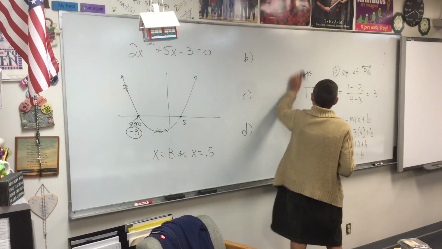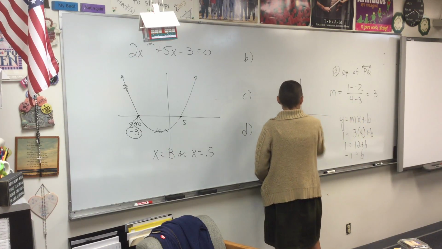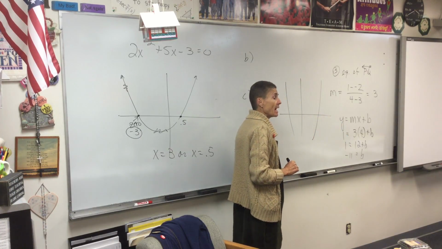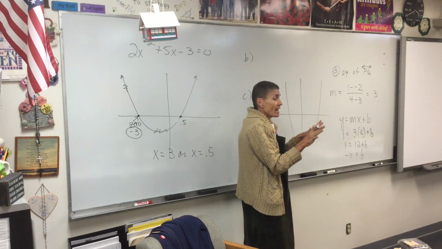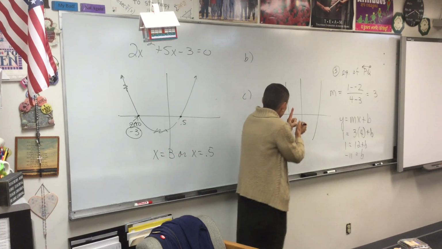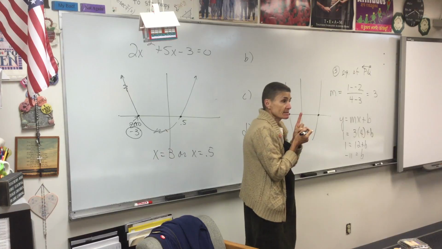She said, Mrs. Ford, when I graphed this on my calculator, I got something that looked like this. Now, remember, that is perfectly okay, because what points are we looking for? The places where we cross the x-axis.